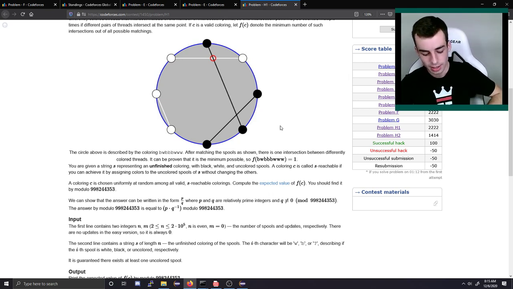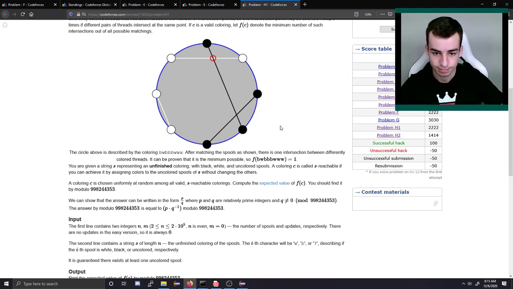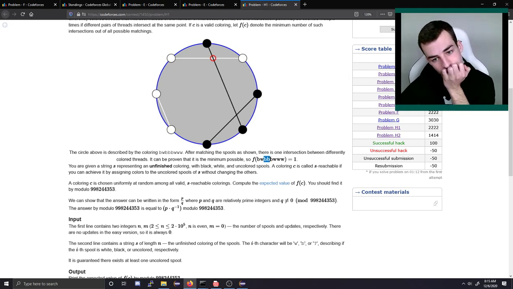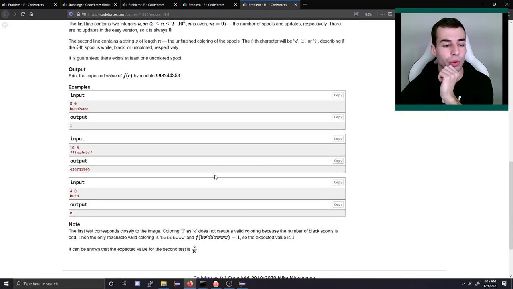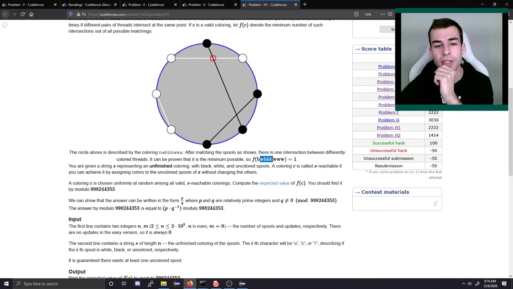If we have an odd number of consecutive things, yeah, all that matters is the group sizes. Is it ever more than one? It's never more than one. Why would it be more than one? Oh, it would be more than one, because you have to match blacks with blacks, whites with whites.